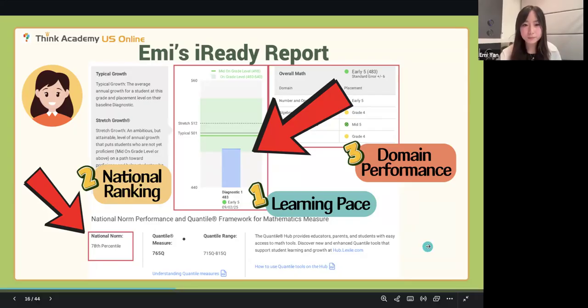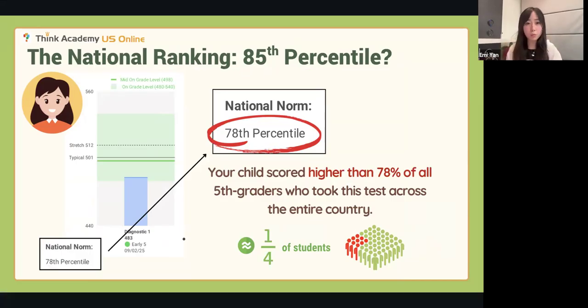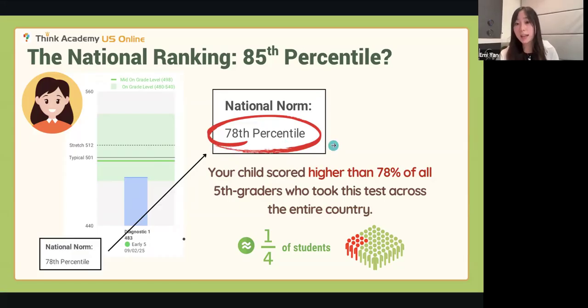All right. So talking about the national norm first, we've talked about the 85th percentile a lot, right? But where would you find the 85th percentile? How do I know what percentile I am? This time you're going to go to your report, look at the left corner, and find the national norm. For example, if Emmy got this report, if this is all I do, I'll reach a national norm of about the 78th percentile.